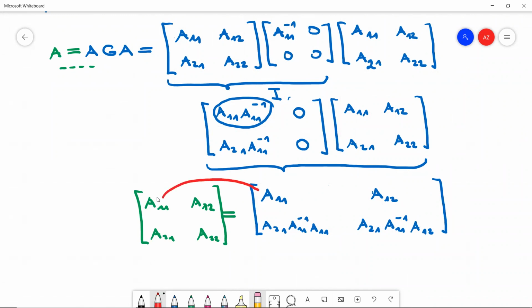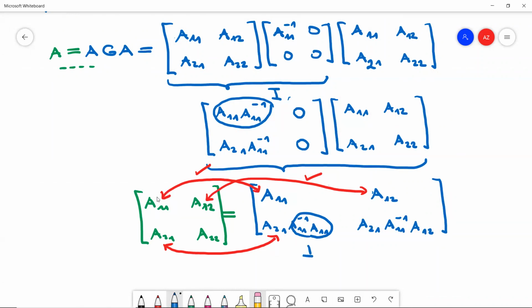So we have A11, A11. This is okay. Then we have A12, A12. This is also okay. Then here, second row, first column are also the same, because A11 inverse A11 is just the identity. So for those three entries, the computation was trivial.